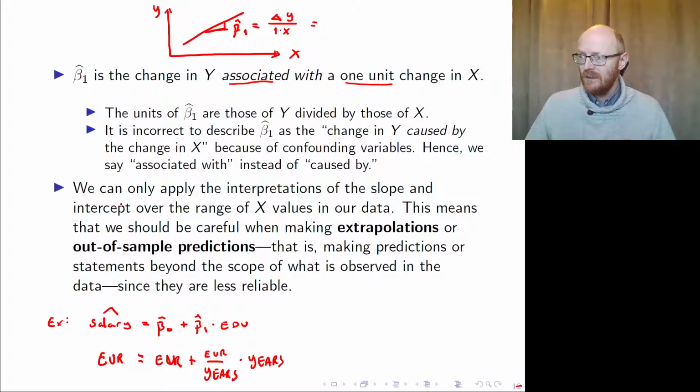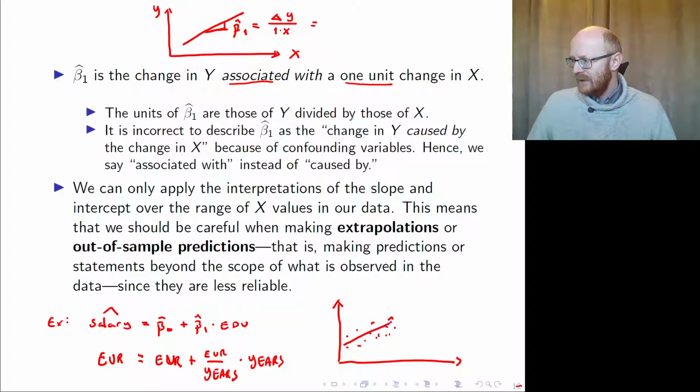That would be the slope, and we can only apply the interpretations of the slope and intercept over the range of values in our data that we can observe. For example, we have data here, and we fit a line.